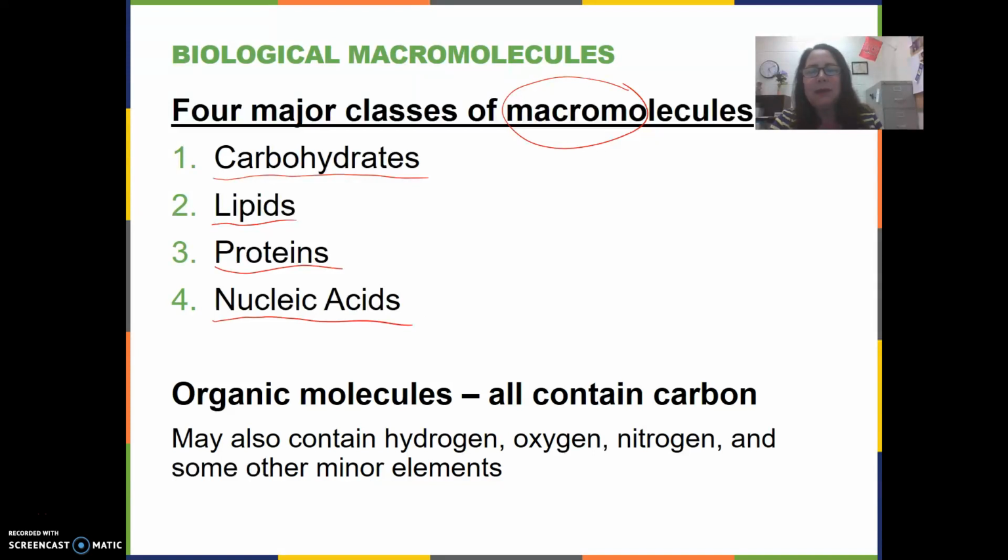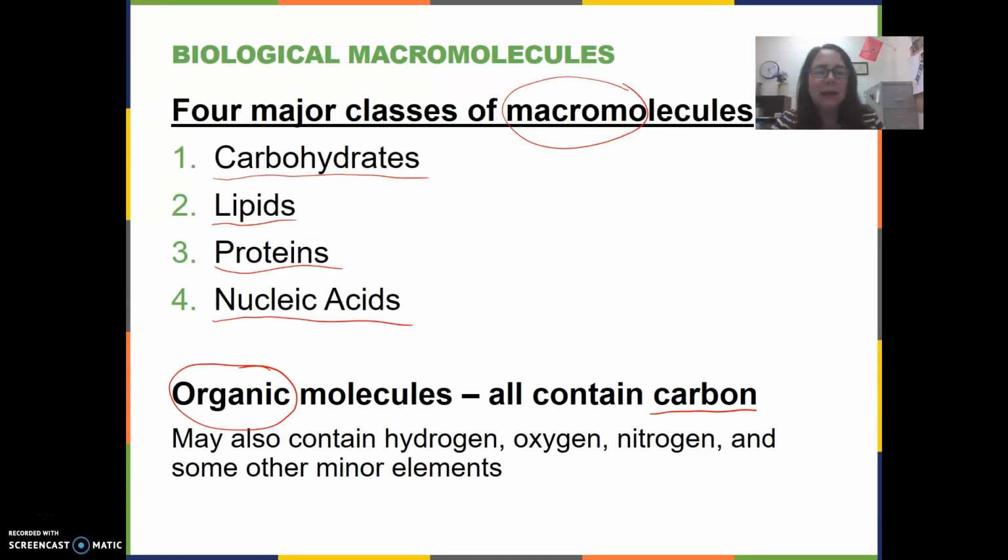All of these macromolecules and some smaller molecules are organic. If they're organic, the definition technically is that they contain carbon and hydrogen.